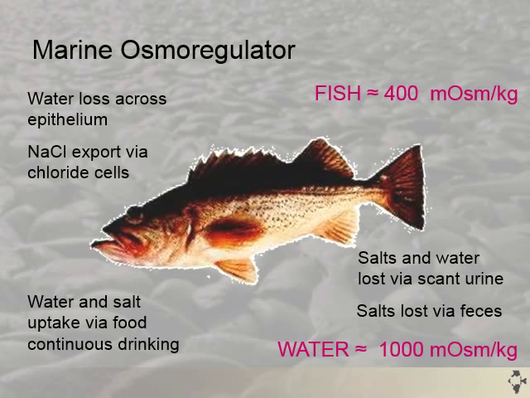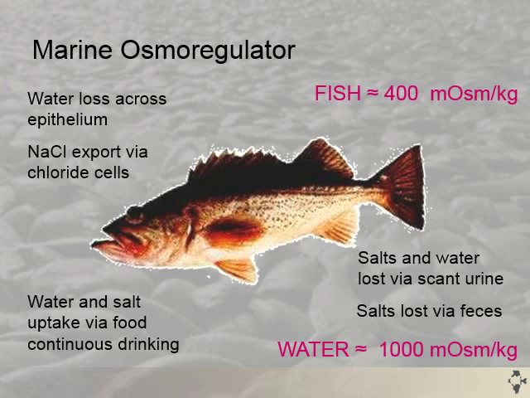Conversely, the environment is substantially higher here. Of course, we're talking about salt water, so the water is approximately 1,000 milliosmoles per kilogram. Whereas the gradient was less than 300 in the freshwater fish, here the gradients can be 600 or even higher milliosmoles per kilogram. So the gradients are much greater.